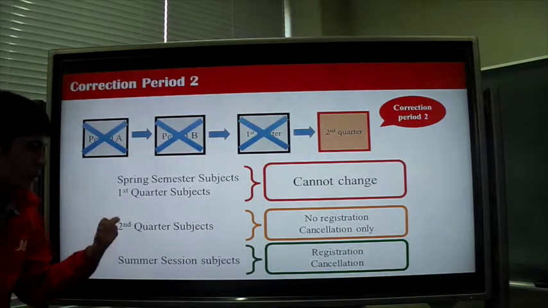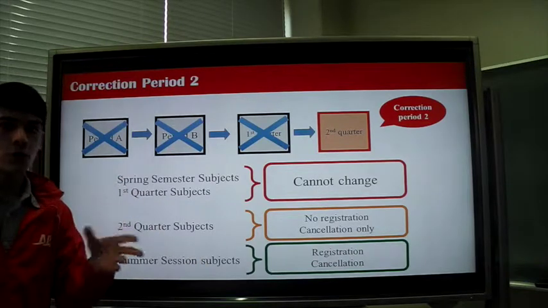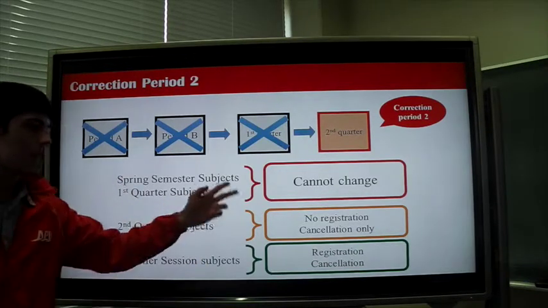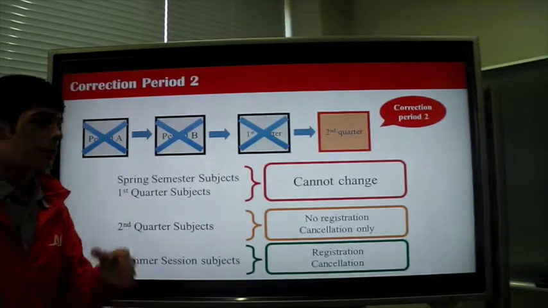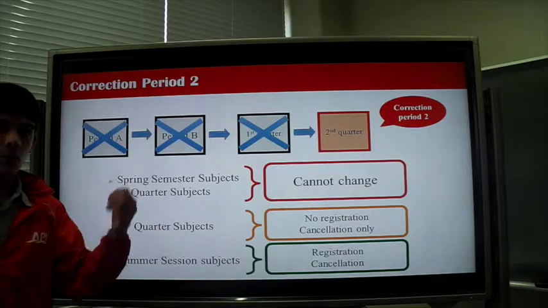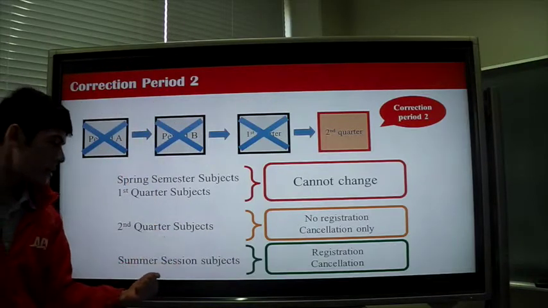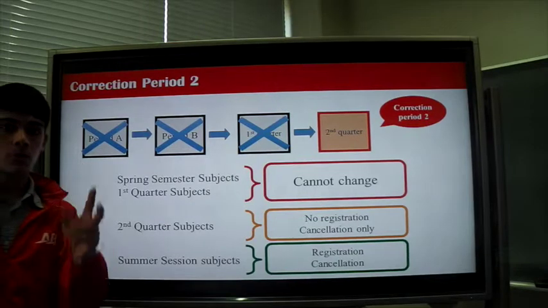However, for second quarter subjects, you cannot register because the second quarter has already started, but you can cancel the subjects you are taking for your second quarter. For the summer session subjects, which are after the second quarter, you can still register for them during correction period 2.